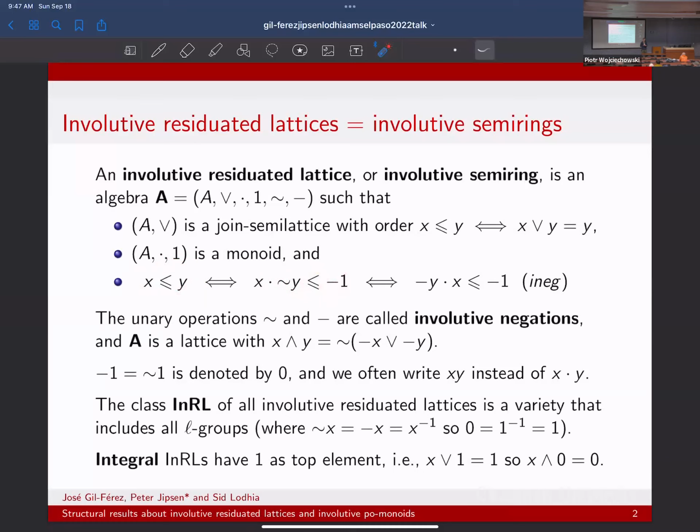But if you apply tilde to both sides, the inequality reverses, and it's really just saying you need to know the positive cone and the monoid operation, and then you can get the order. So we're going to build the bigger algebras by constructing the monoid operation and having a good idea what the positive cone is, and then the ordering will come from the fact that we want this definition to hold.